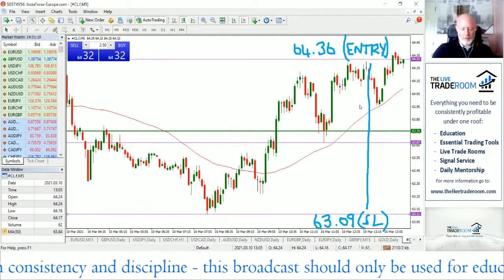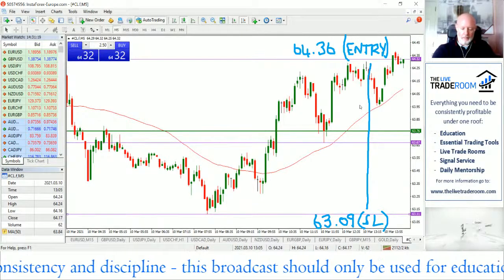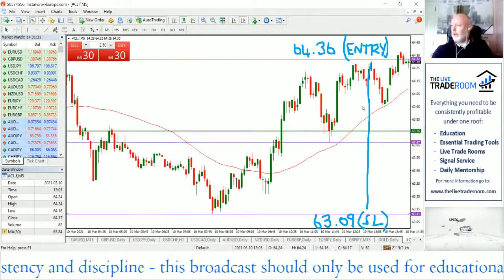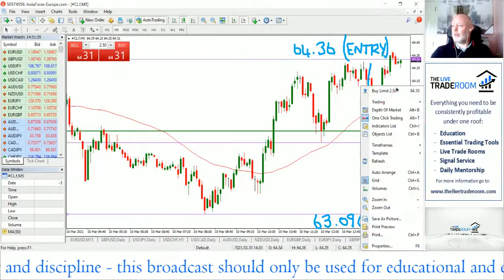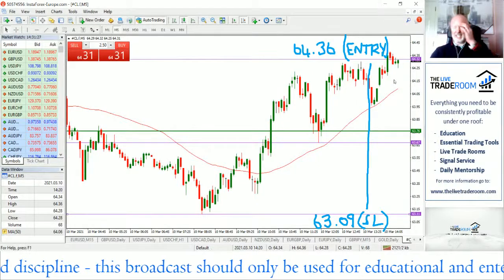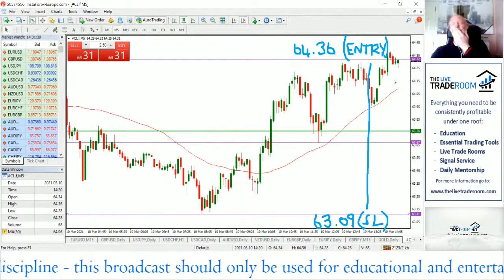So it looks like we might be getting a little bit of an uptick now in crude oil. Yesterday was quite a good example. We were looking at, what market was it?